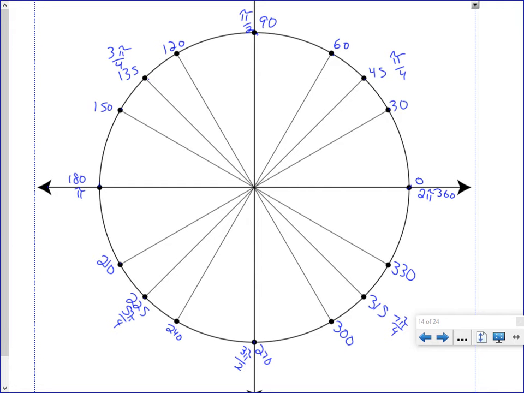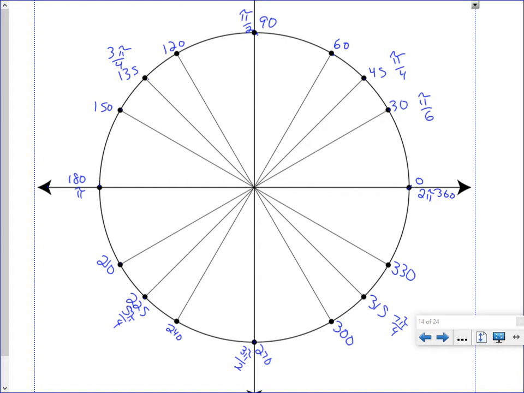Now, if 90 degrees is pi over 2, 30 degrees is 1/3 of that. What is 1/3 of a half? A sixth. So every 30 degrees is a pi over 6. 90 degrees is pi over 2. 30 degrees is 1/3 of 90.